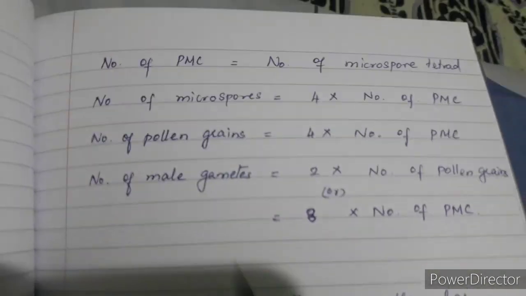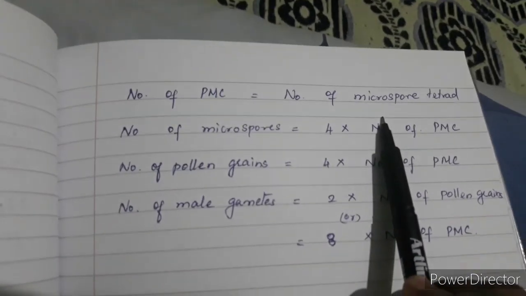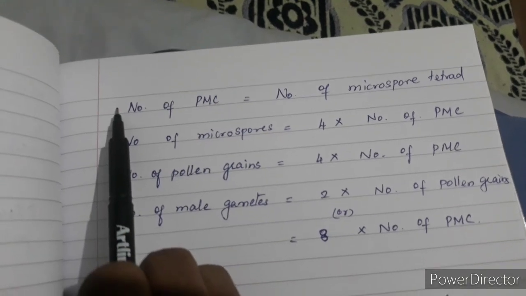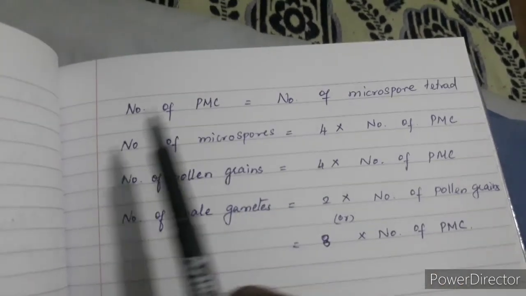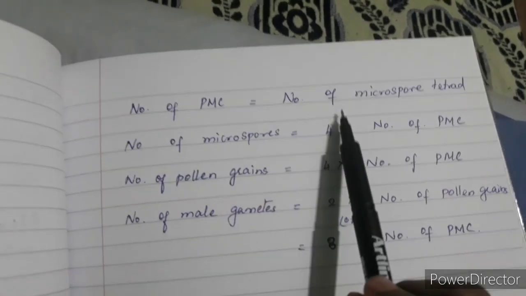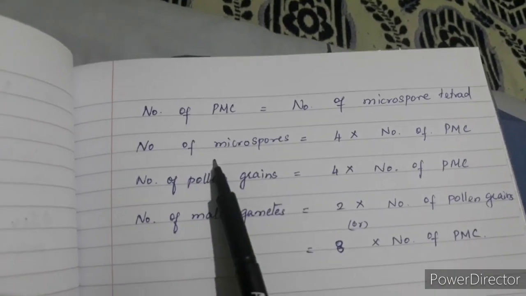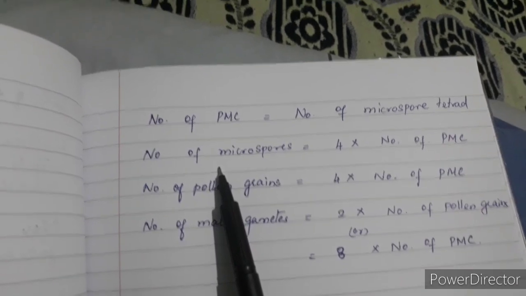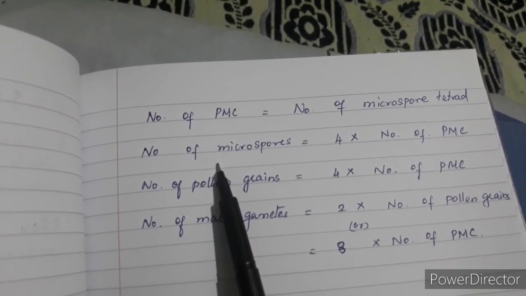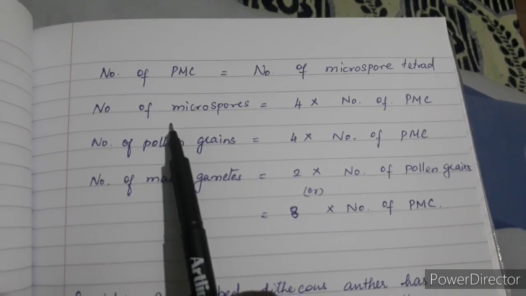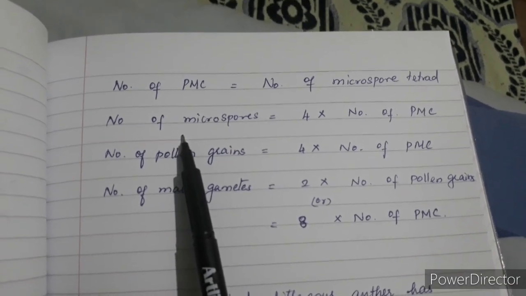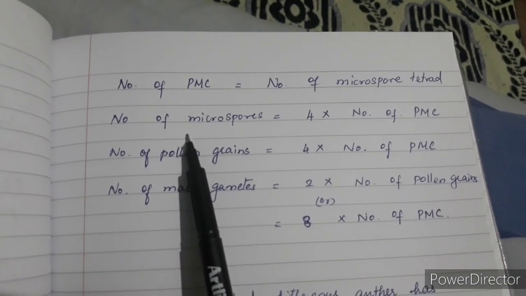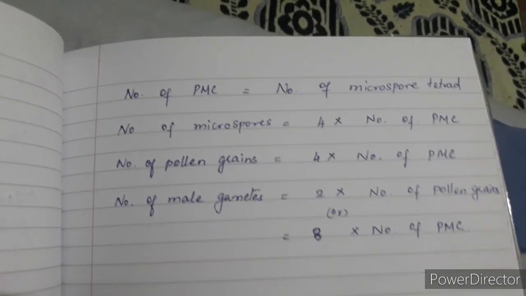So here are some of the formulas. You can note them down. The number of pollen mother cells is equal to the number of microspore tetrads. If you start with one pollen mother cell, you get one tetrad. If you start with 4 pollen mother cells, you get 4 tetrads. How do we calculate the number of microspores? If you start with 1 pollen mother cell, you get 4 microspores. Hence, if you start with say 20 pollen mother cells, 20 into 4, how much is it? 80.